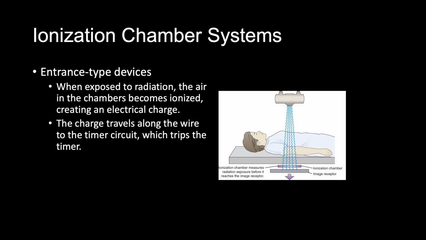Shown here in this figure, this is the ionization chamber automatic exposure control. The ionization chamber automatic exposure control system has the detectors located directly in front of the image receptor. This is an entrance type device because the X-ray exposure is measured just before entering the image receptor.